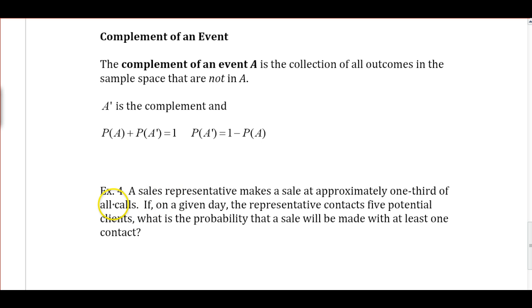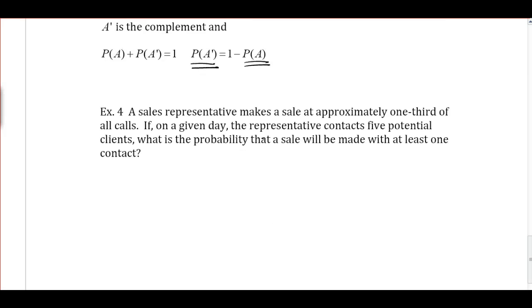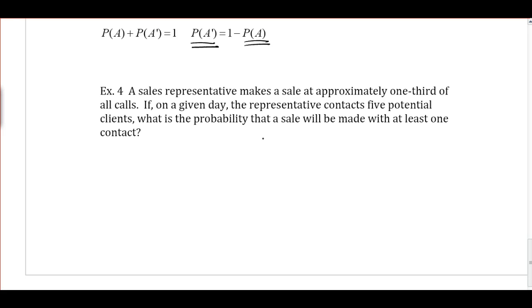The probability of the event and the probability of not the event happening is going to give us the whole sample space. Or you could think about the complement being 1 minus the probability of the event. The reason we talk about this, it seems a little convoluted, but sometimes it's easier to think about the complement of an event in order to determine a probability.